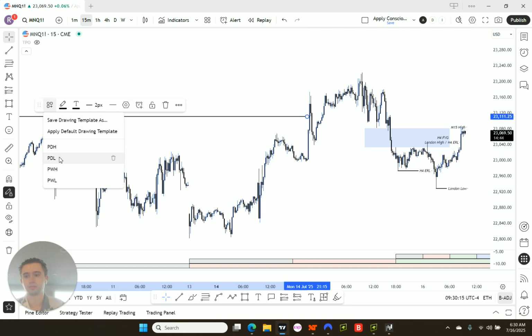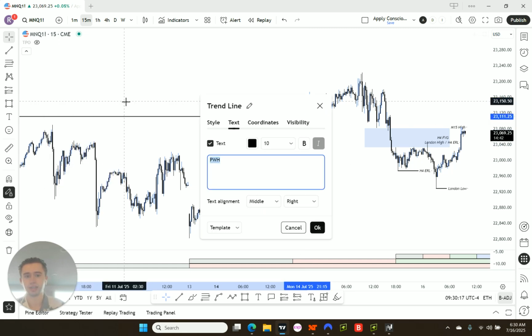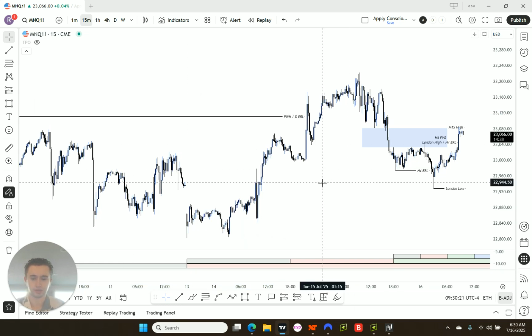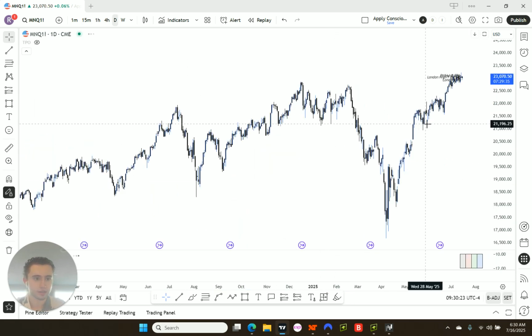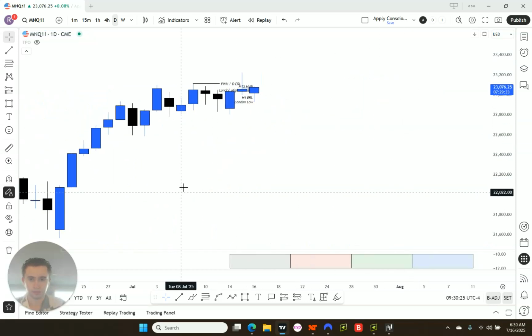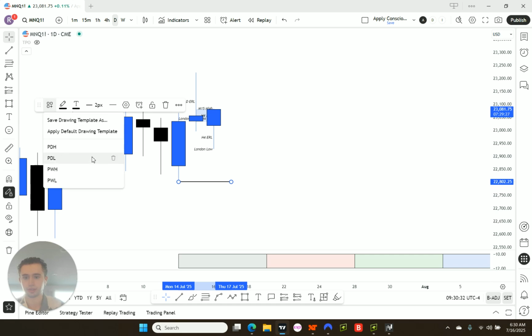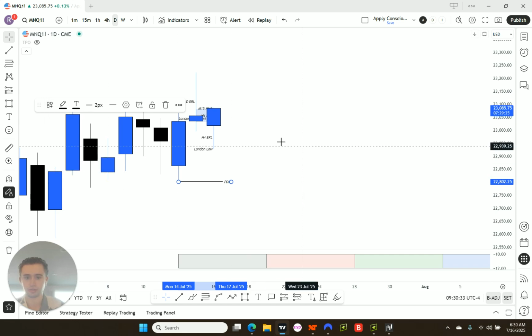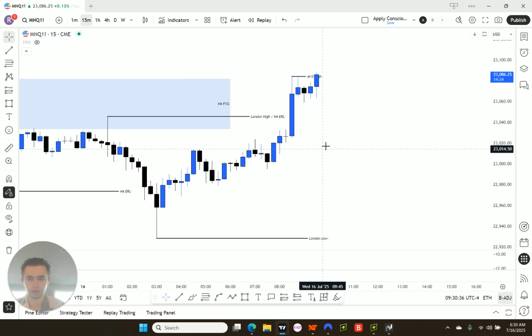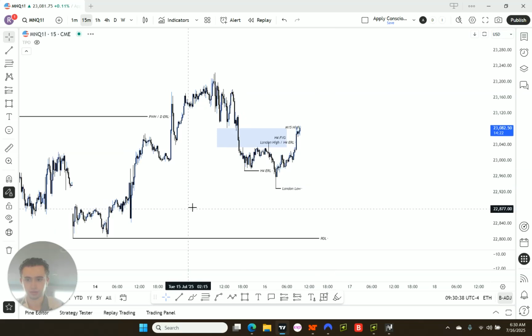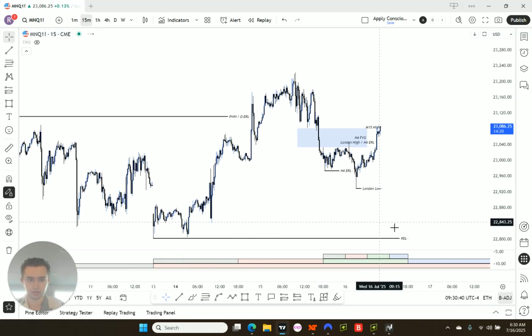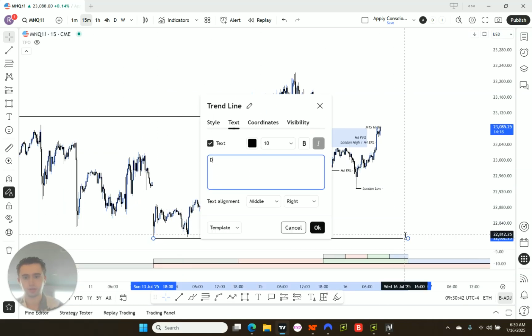So that's daily external range liquidity. And this is daily external range liquidity down here. I think that's previous day's low, or is that the low of the week? That's the low of the week. So this is daily external range liquidity.